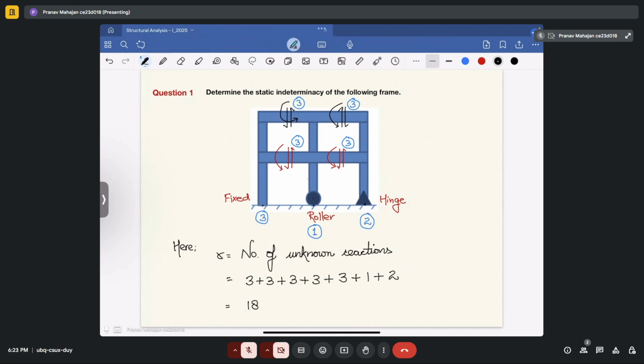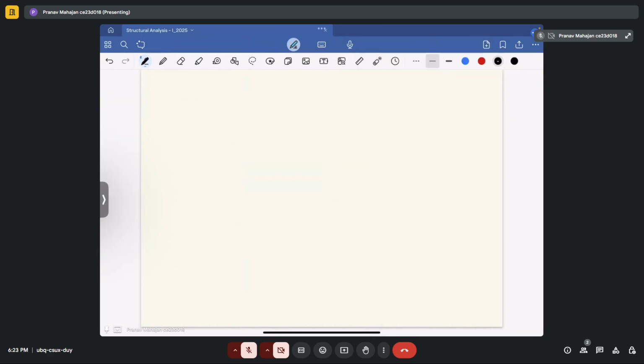Fine. Now the number of available equations will become 3 into n, that is 3 into 3, equal to 9.